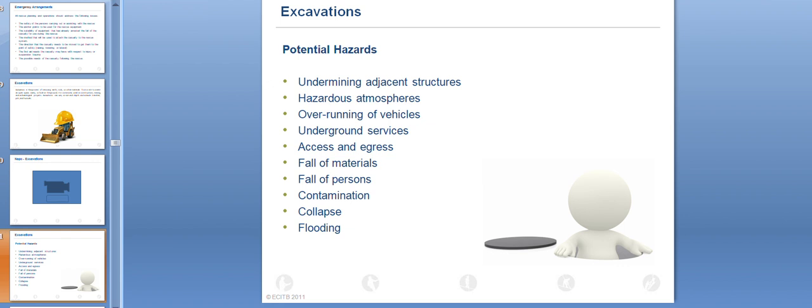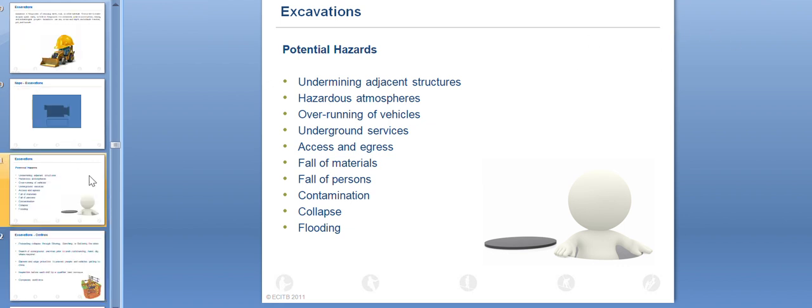Undermining of adjacent structures, hazardous atmosphere, overrunning of vehicles, if you are working in the ground while vehicles are moving over it, ground services, access and egress, fall of material, fall of person, contamination, collapse and flooding. Those are all the hazards which we face when working in an excavation.